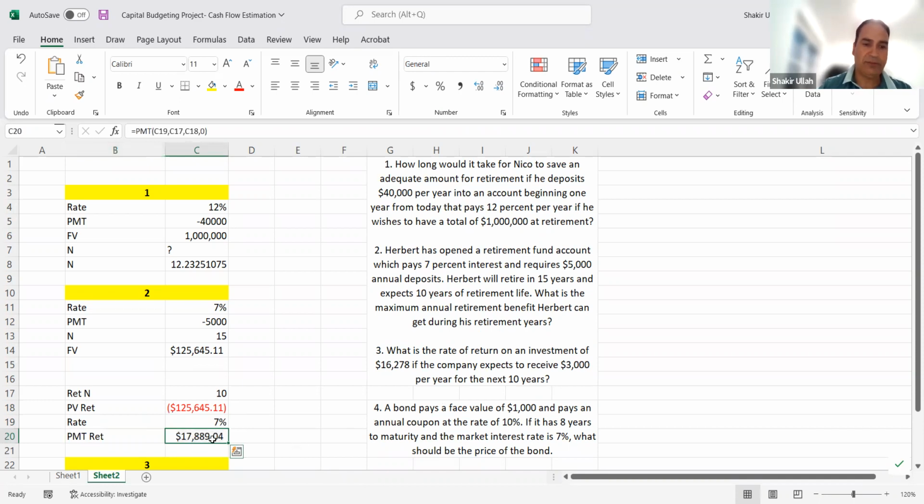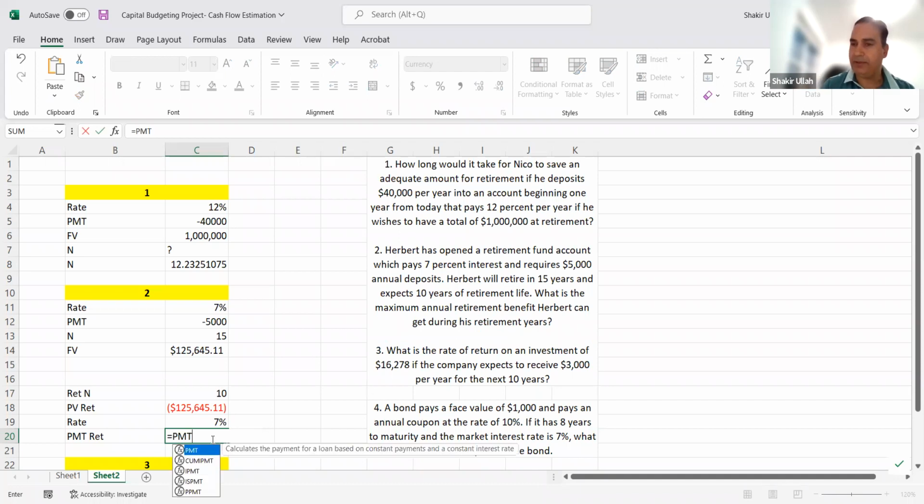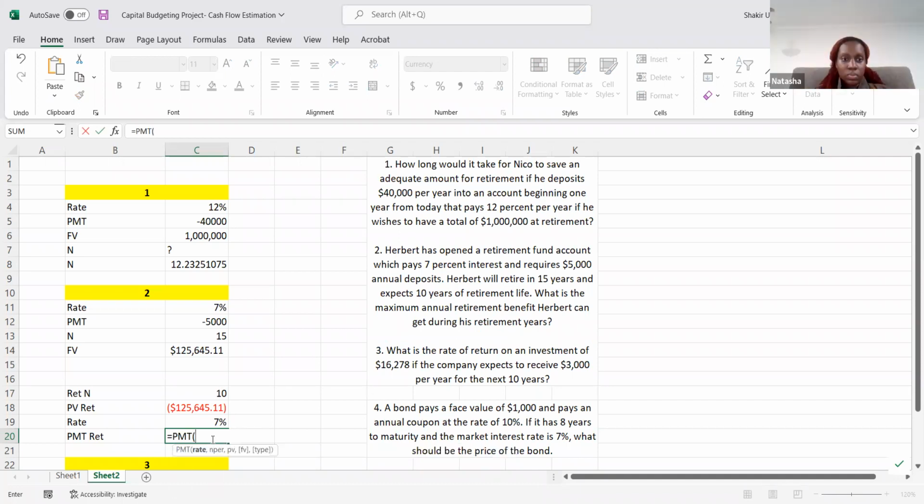So the same formula, we type the PMT formula because we want to find the annual payment. We start the parenthesis. It is asking for the rate, so 7%, comma, number of periods is 10. We will receive that money in 10 years. Present value again is 0. No, sorry.